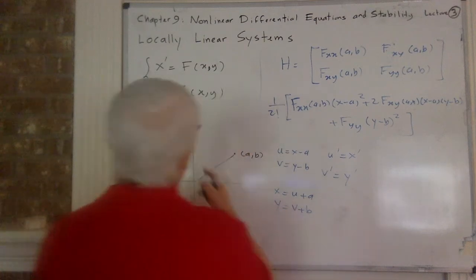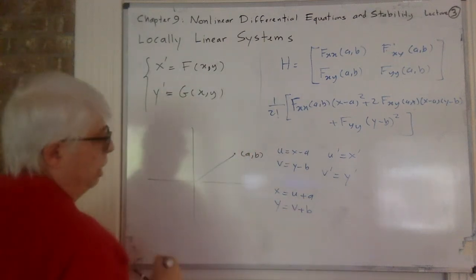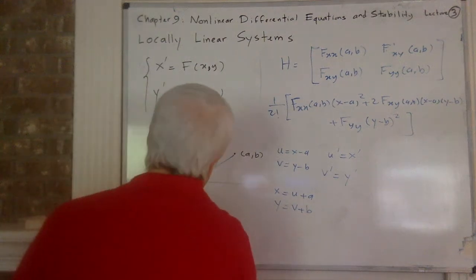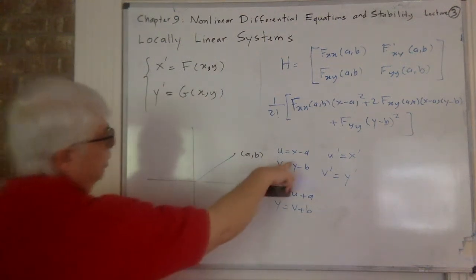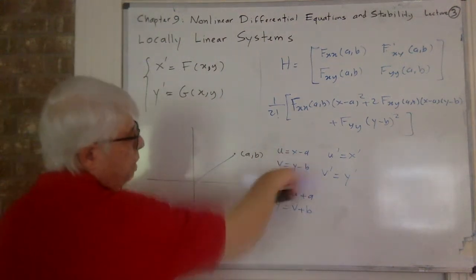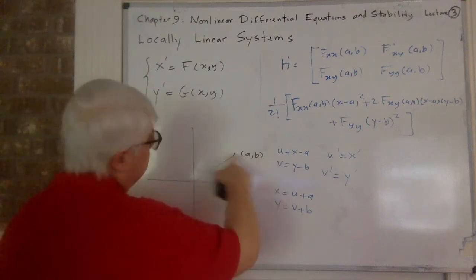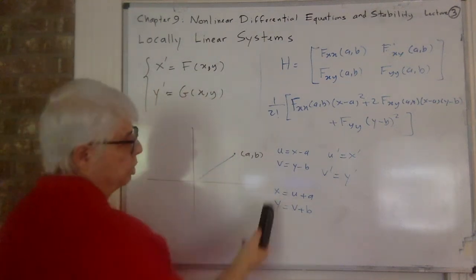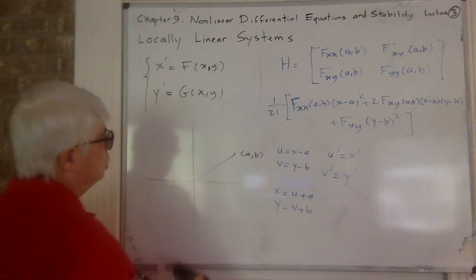But when I put it here, I will get functions of u and v, right? So what happens is if point AB is a critical point for this function, then point 0, 0 is a critical point when I turn this into u and v.